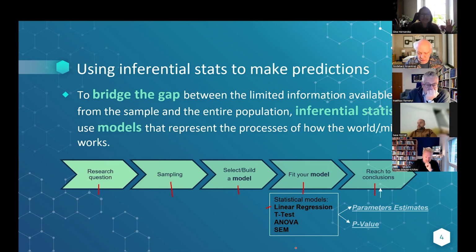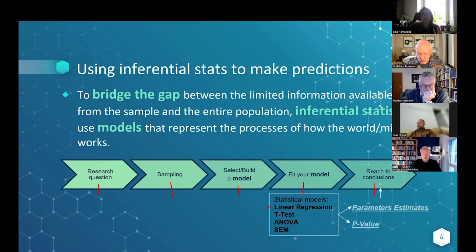We have many kinds of statistical models. Obviously, I won't overwhelm you telling you about all of them. The important thing you have to know is the names of the most important ones that you have here, and we will discuss briefly the difference between these models.